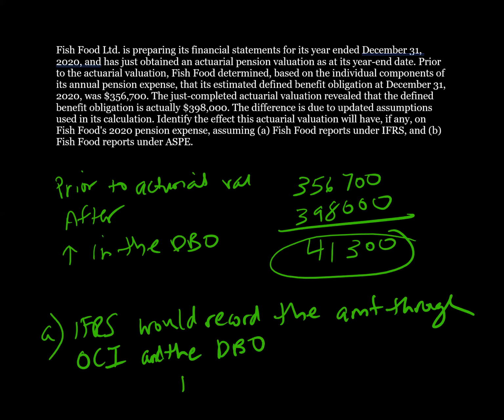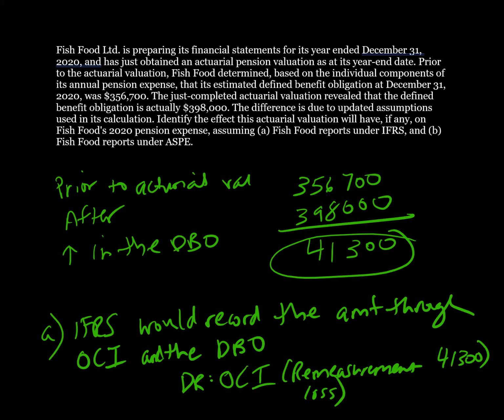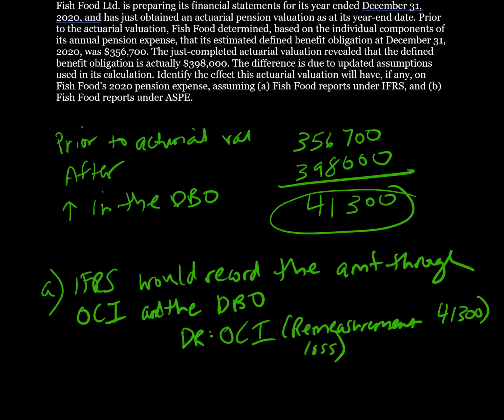So the journal entry would be debit OCI as a loss, remeasurement loss, or actuarial loss of $41,300, and the credit is going to be to the defined benefit obligation, which is also going to increase $41,300.